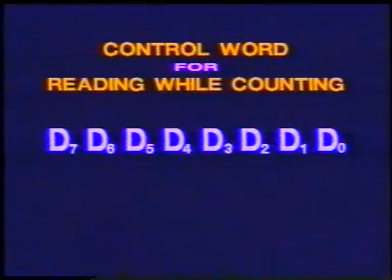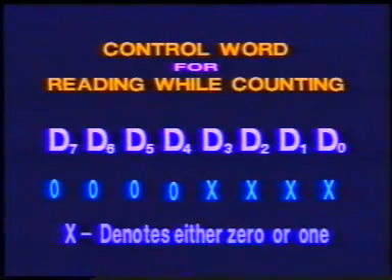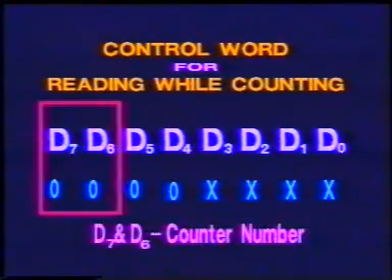To read counter number 0 while counting, the control word would be 0000XXXX. X denotes either 0 or 1. Bits D7 and D6 represent the counter number.